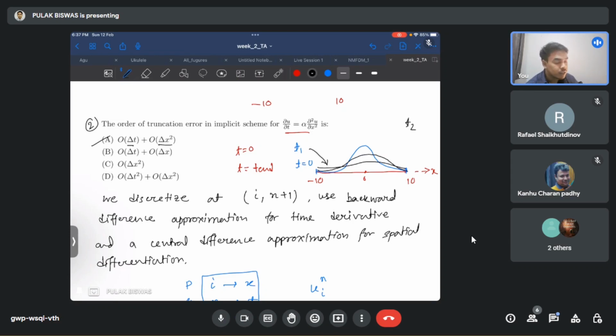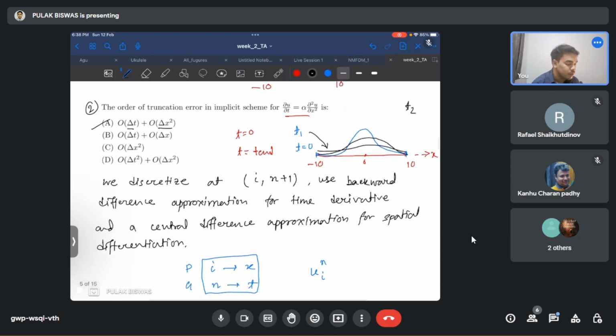And now your different solution vectors. Suppose I represent at all x, at time, maybe this one is t0. So t0 was your blue Gaussian, and maybe let me give it a different color.